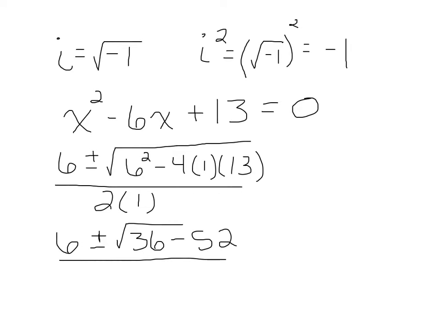And 2 times 1 is 2. All right, so we had 6 plus or minus the square root of 36 minus 52, which is a negative 16, all over 2. Was it over 2? Yeah, 2a.